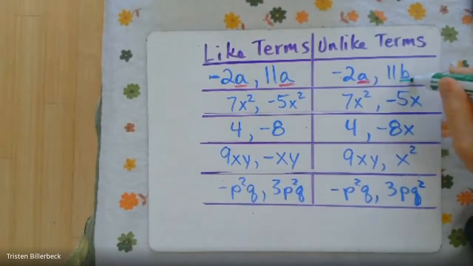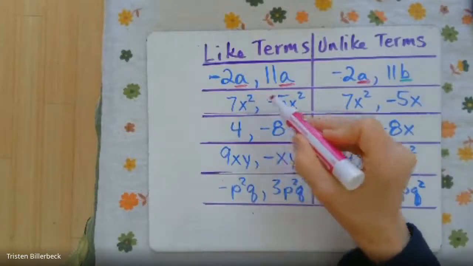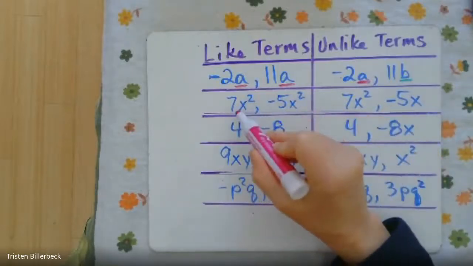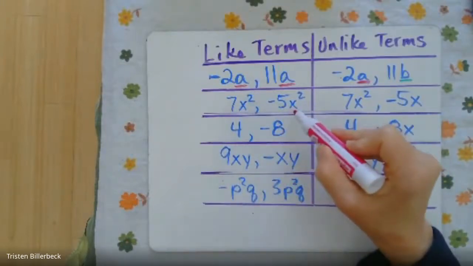So they're not like variables. So they're unlike terms. We can't combine them unless their variable is exactly the same with the same exponent. So these are like terms, x squared, 7x squared, and negative 5x squared.